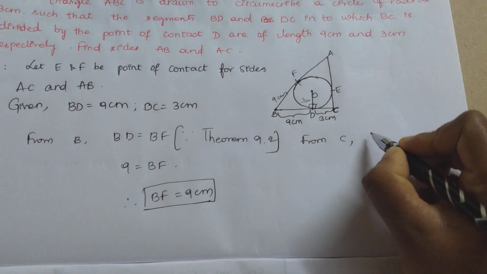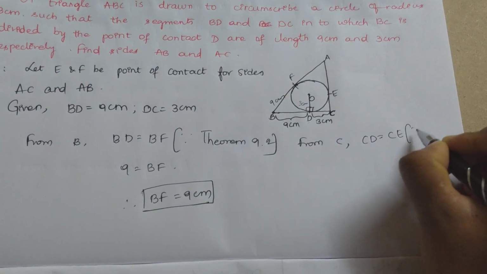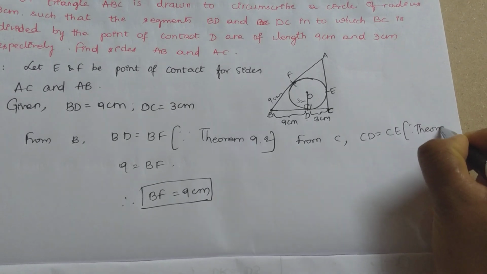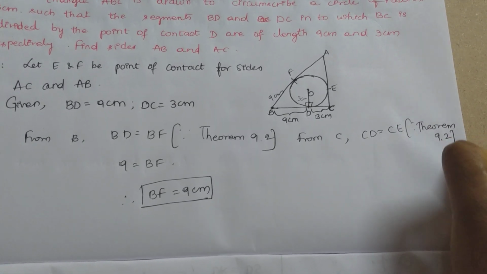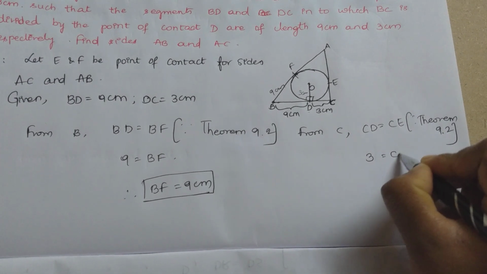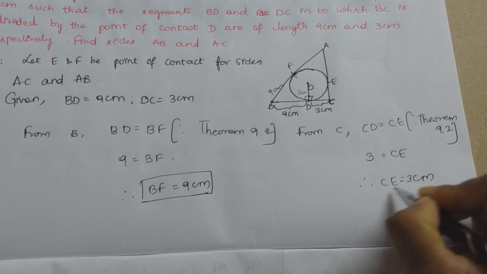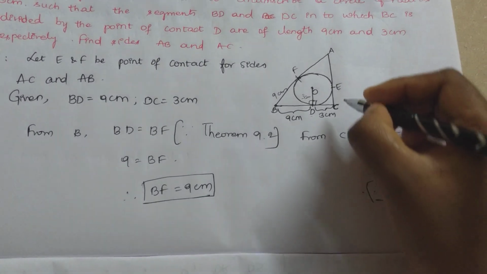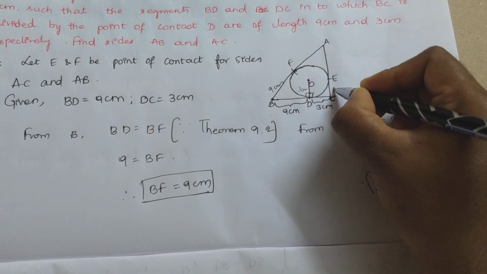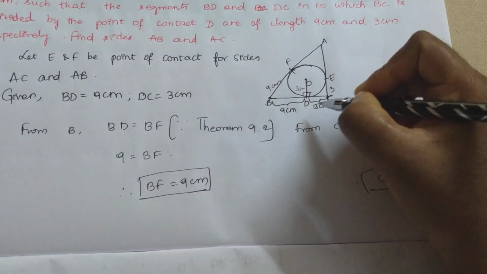So, from C, CD equals CE, since theorem 9.2. What is CD? They have given it as 3, so 3 equals CE. Therefore, CE value also we got as 3 centimeters. So here I will put it as 3.